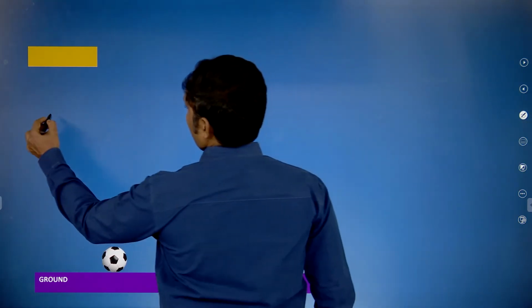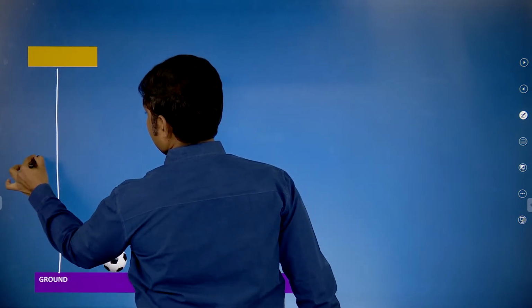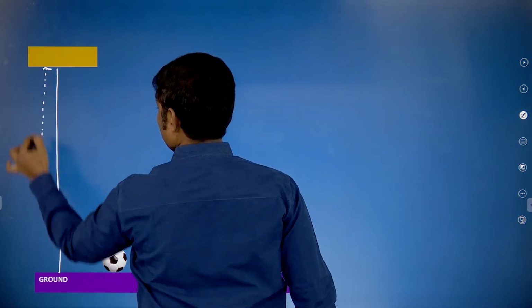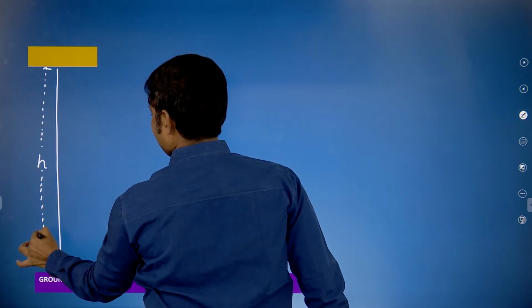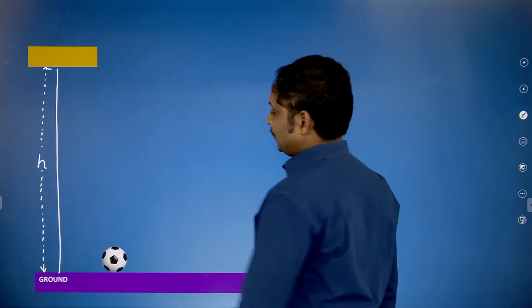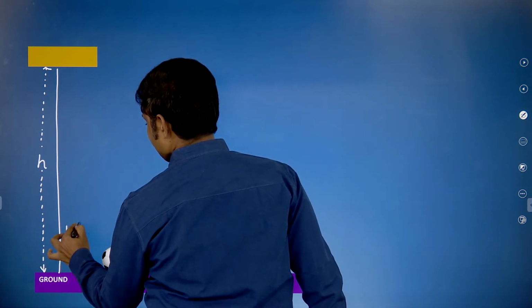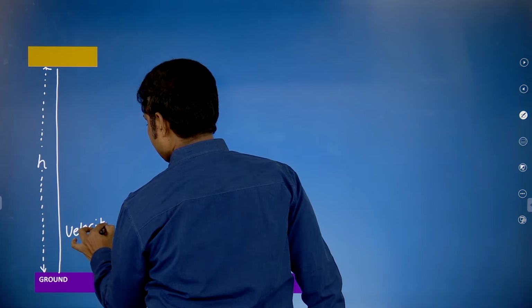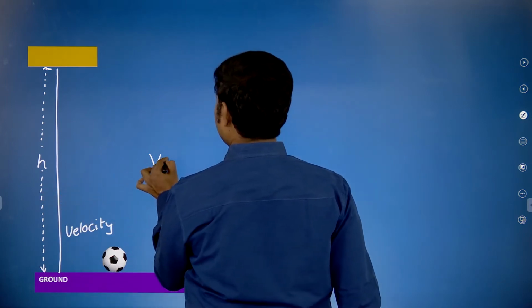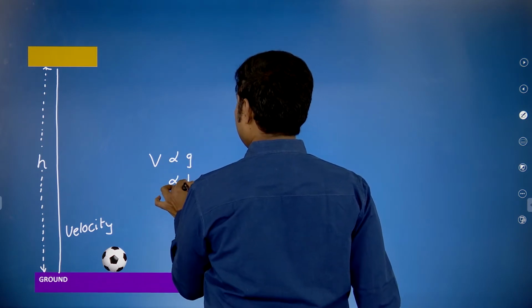If you know this height, this is going to be h. And if you know the velocity, V depends on g and h.